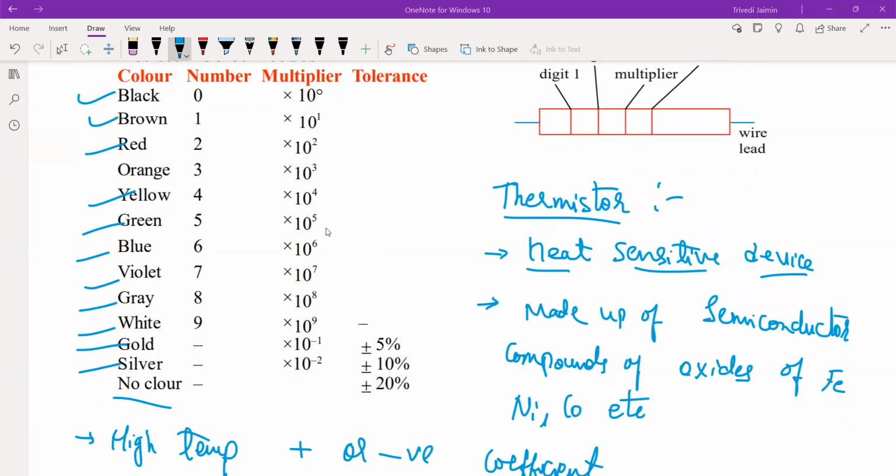If I give one question, there is a figure shown. Let me draw it. Example number something.